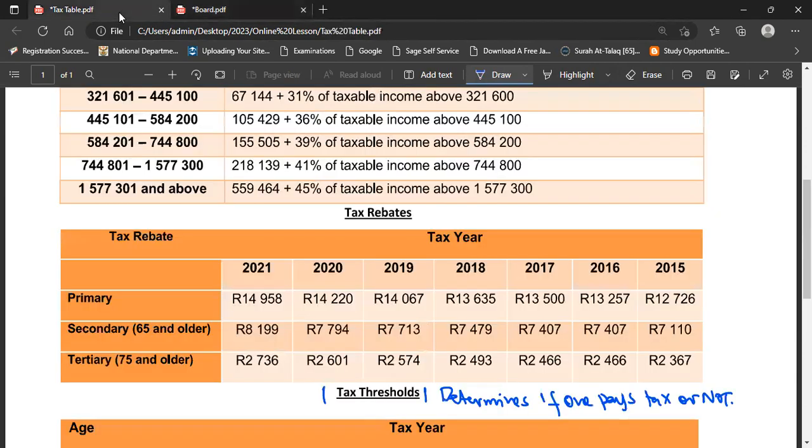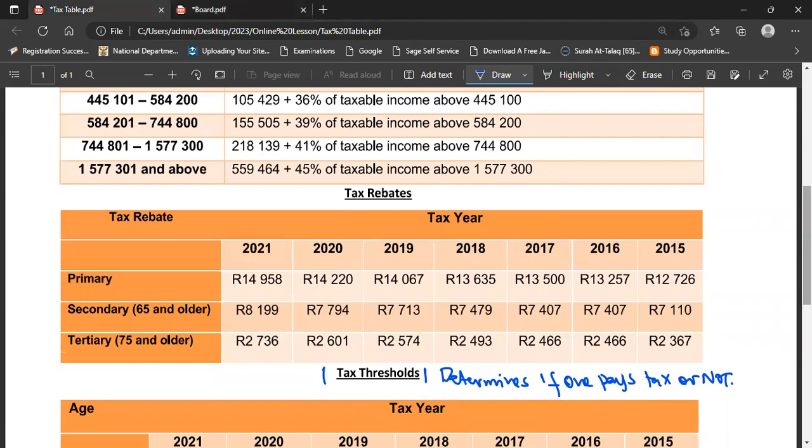Okay. And I think we need to know, when we look at these tables, we've seen the rebate. A rebate, this is what? A tax relief given by the government. Tax relief. What does it do? It reduces the tax one would have paid. Tax rebates and medical tax credits reduce the tax one would have paid.